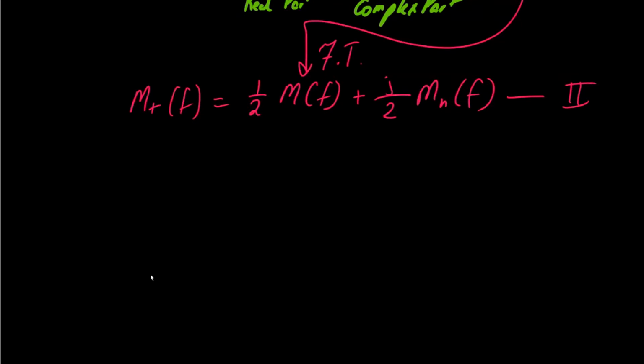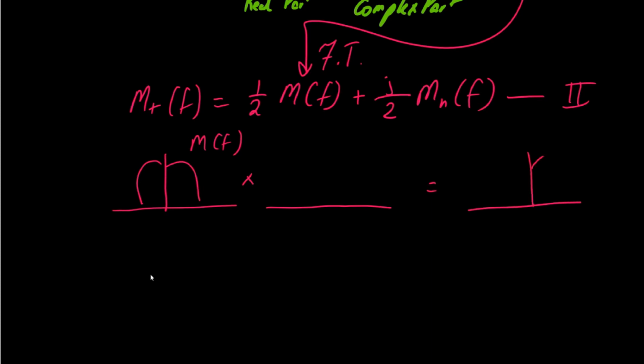At the same time, we have this function which is m plus of f. That is, we had this function m of f, and we multiply it with something to eventually get m plus of f. So what is that something?